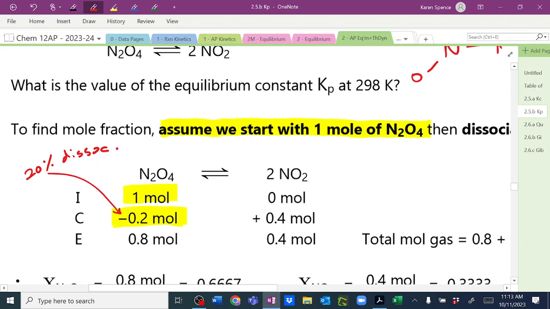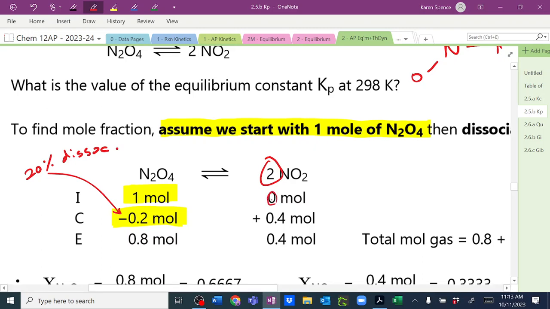And once you've got that, this is just a race table here, you know that you end up with 2 NO2s for every 1 N2O4 that comes apart. So instead of 0.2, it's going to be what happened? Did we all just stop paying attention? Instead of being 0.2, it's going to be 0.4 because it's twice as much.